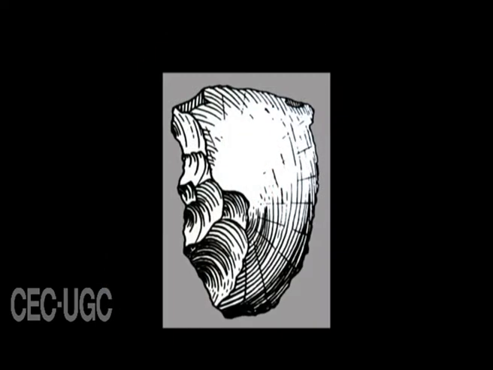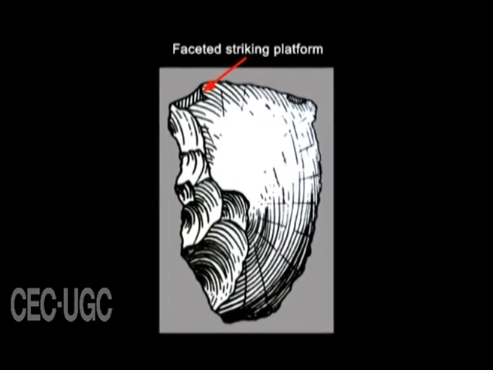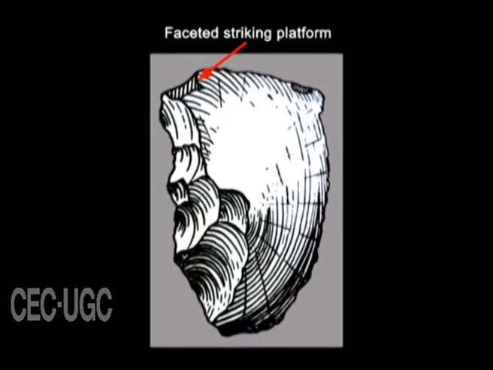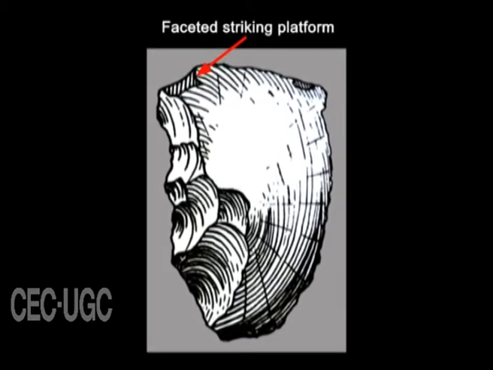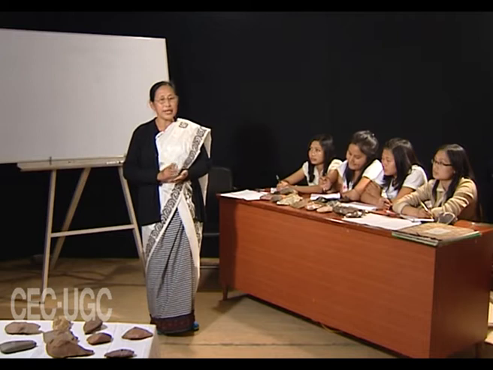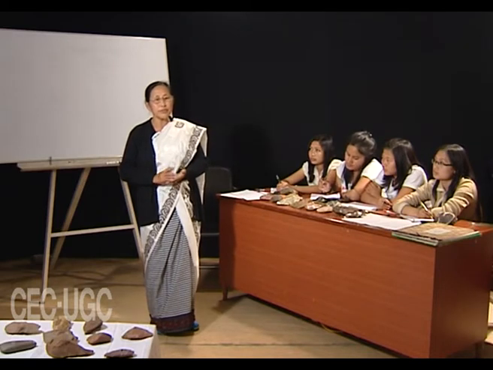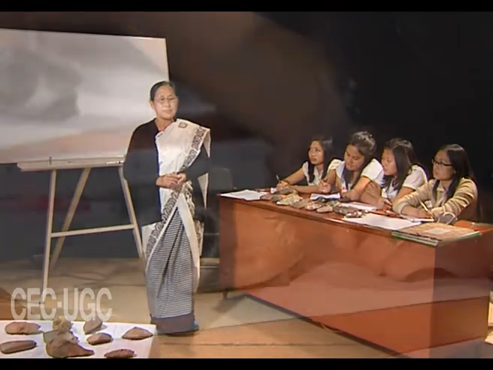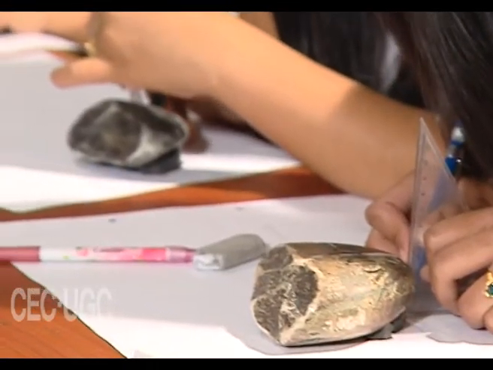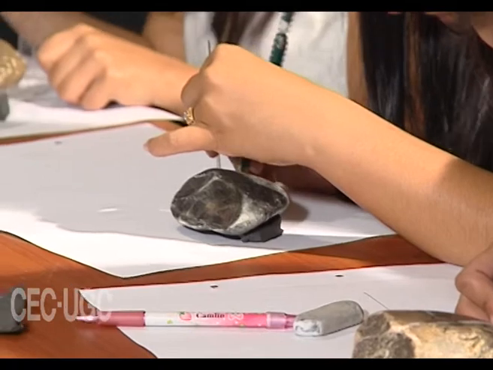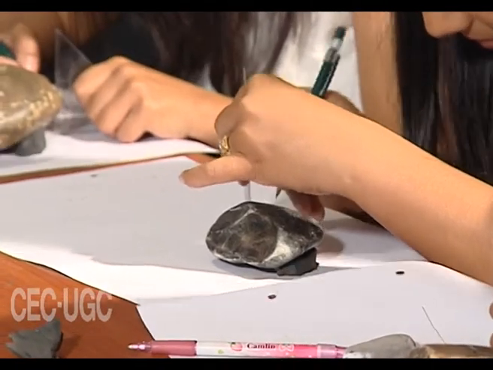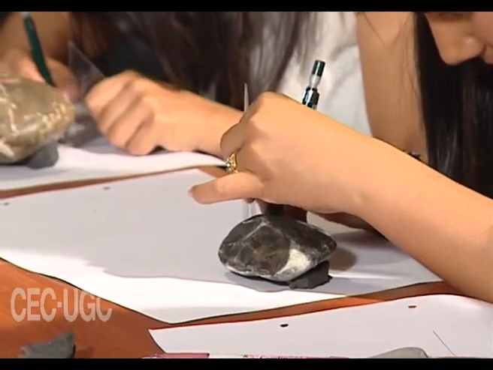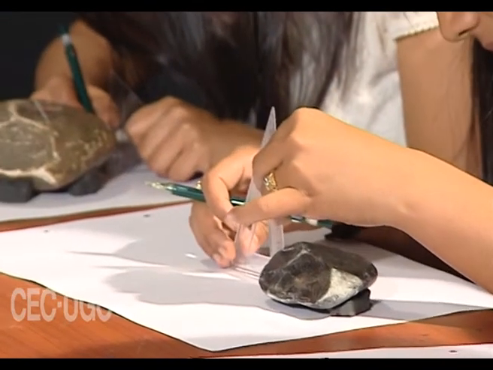Now come to number D. Likewise, the faceted striking platform is also represented by a number of straight lines which are parallel to one another. Unlike the step flaking, it does not possess a unique or specific shape and size. It varies from one specimen to another, but it always has a comparatively larger area than the resolve or controlled flaking technique.